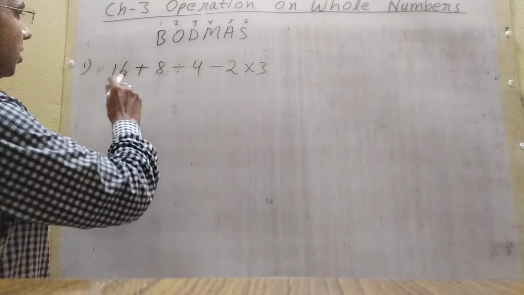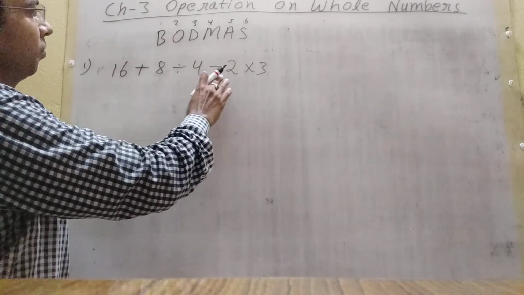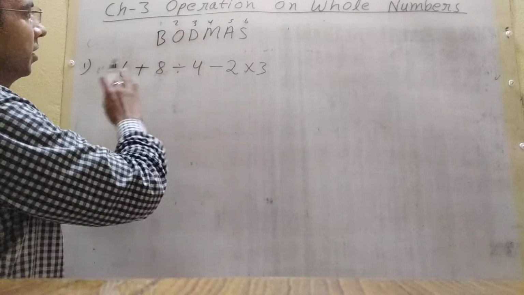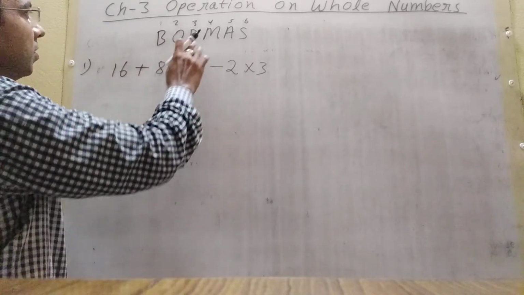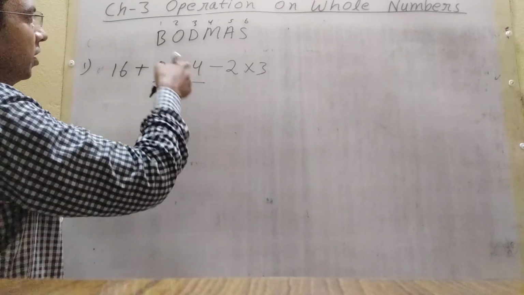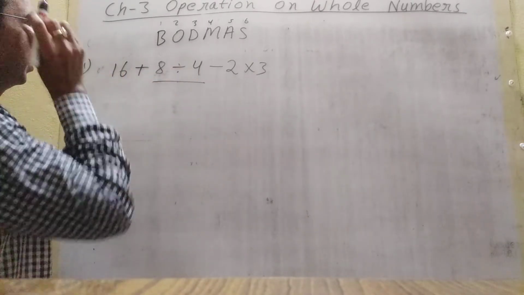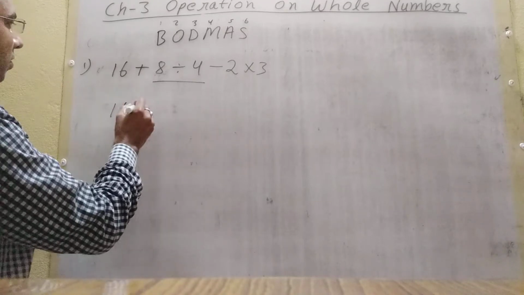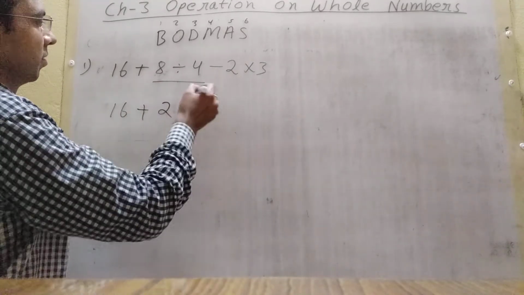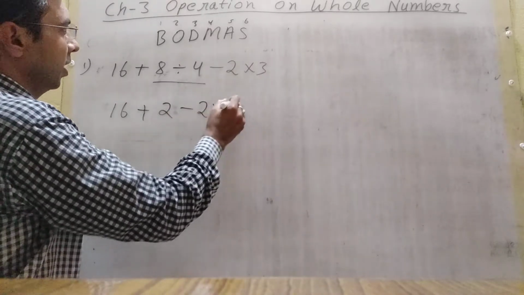That is, 16 plus 8 divided by 4 minus 2 multiplied by 3. So bracket, of, division. There is no bracket, there is no of. So division is the first operation. First we will solve the division and then we will do the other operations. 8 divided by 4 is 2.